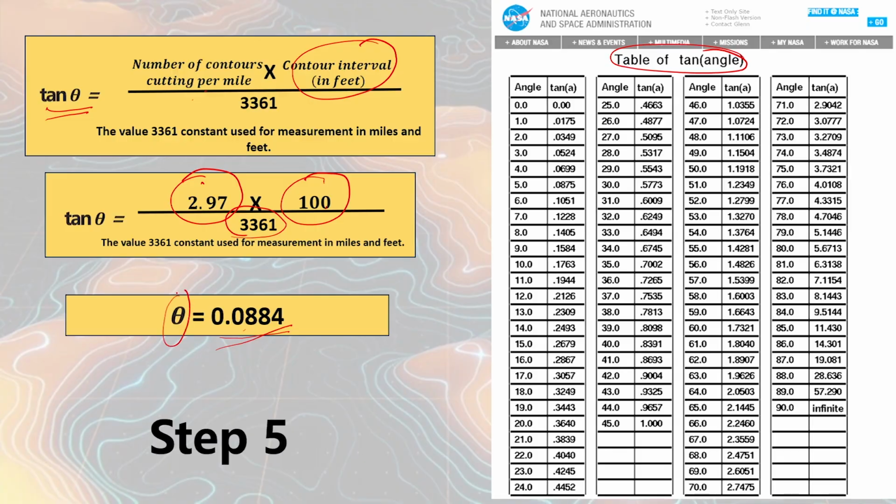When we mentioned the materials, we mentioned a table of tan angles. This is where the table of tan angles is going to help us. Here the value we have derived for tan theta is 0.0884, and using this table we are going to find the value for this particular angle. We have only arrived at a value that is not in degrees.